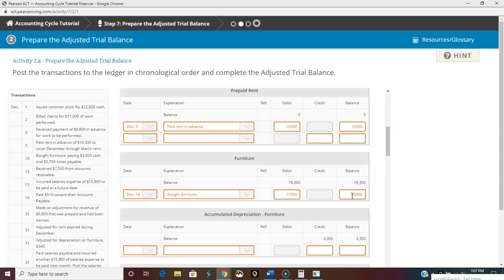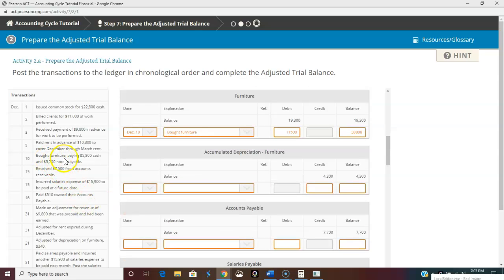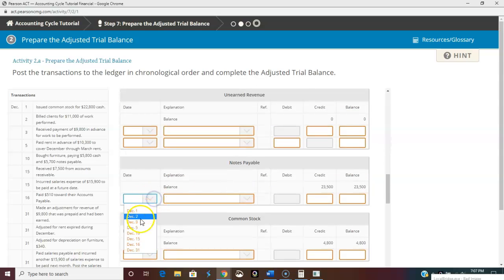Furniture. Okay. Accumulated. What's next? We did that. Probably should find. We'll do accumulated depreciation. What was next? Let's find the note payable. Salaries payable, note payable. That was the other part of this.